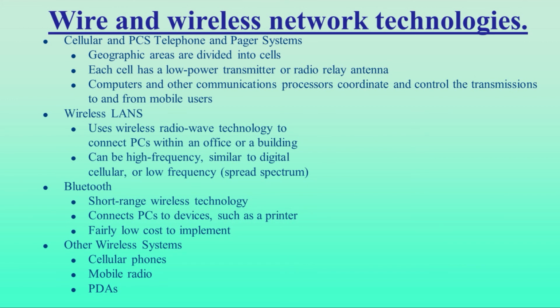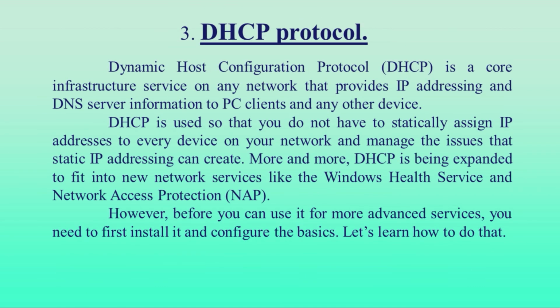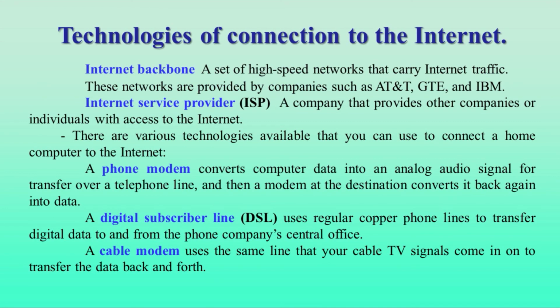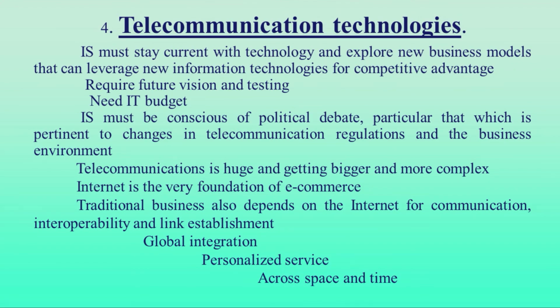Let's talk about the wire and wireless network technologies. Here you can see the terms about wireless LANs, about Bluetooth, about other wireless systems. The wireless web we use in our smartphones, and also you can see here other types of protocols and technologies of connection to the internet. You can see IP addresses and telecommunication technologies.